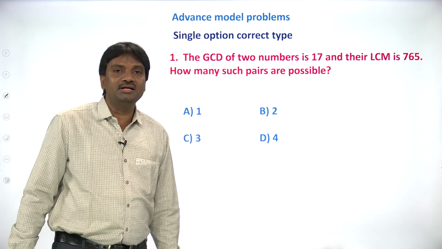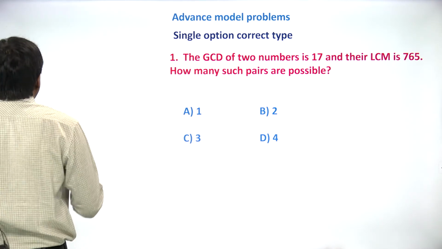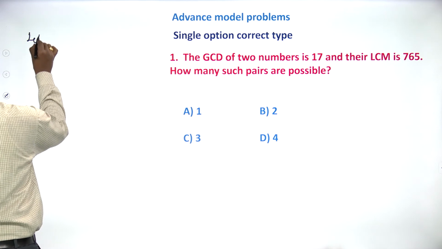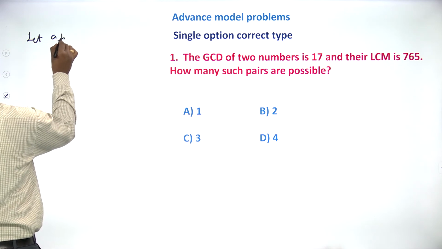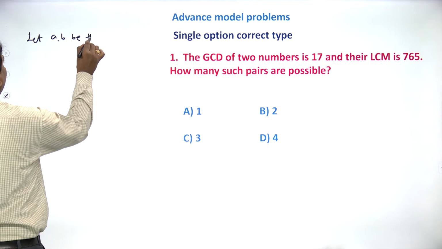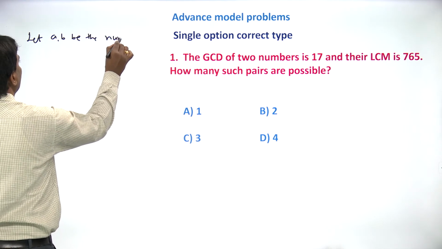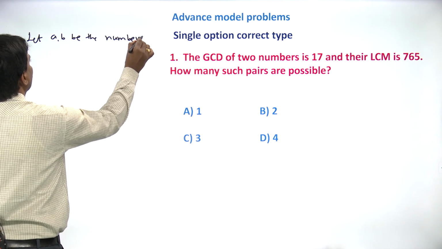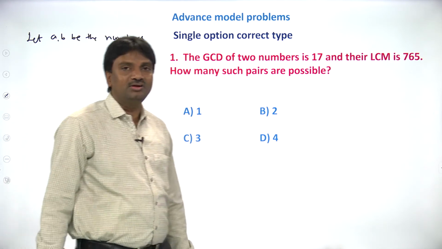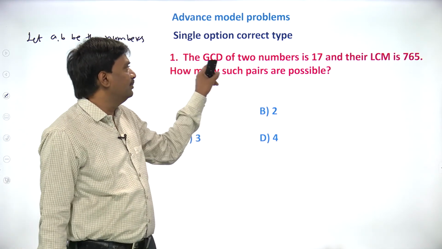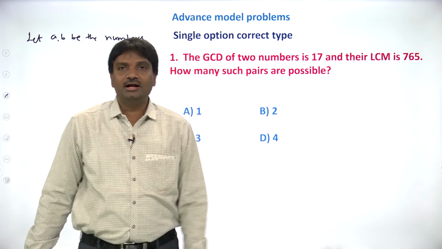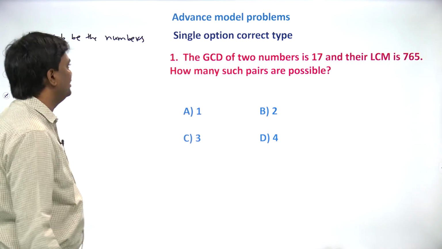Here I am considering the 2 numbers as A, B. Let us suppose that A, B are the required numbers. According to the problem the GCD of A, B is given as 17.